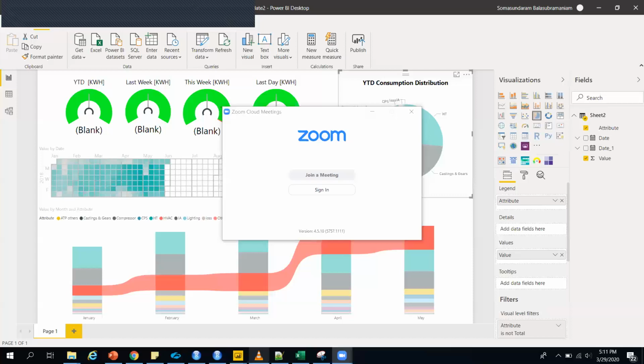Your screen is also visible. Okay. Some connectivity issue. Sorry for that.